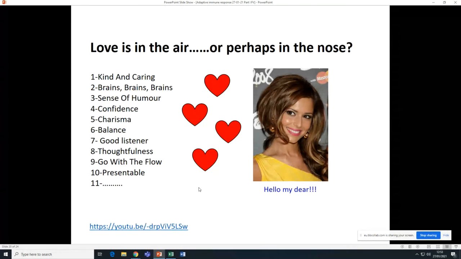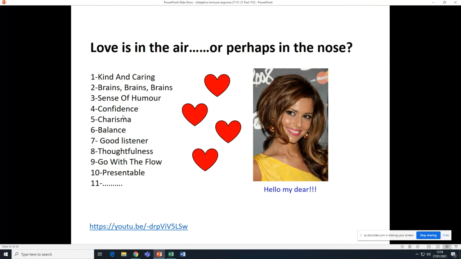Okay, here's the part that I wanted you to think about, and I hope we're going to have the time to see. So, if I were to ask the gentlemen in the room to tell me what women are looking for when they're looking for romance, a love story, or whatever, what are they looking for in men?